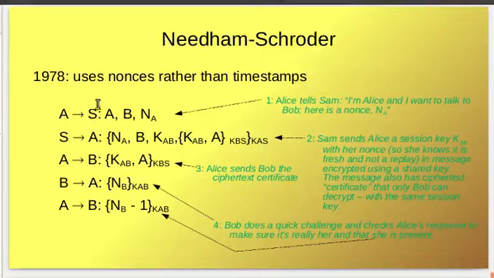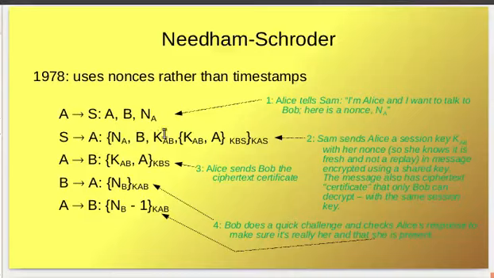Alice sends Sam three things: Alice's ID, Bob's ID, and a nonce that Alice created. So Alice is telling Sam, I'm Alice, and I want to talk to Bob, and here's a nonce. So Sam replies to Alice, okay, here's your nonce back in an encrypted message, and here's Bob's ID.